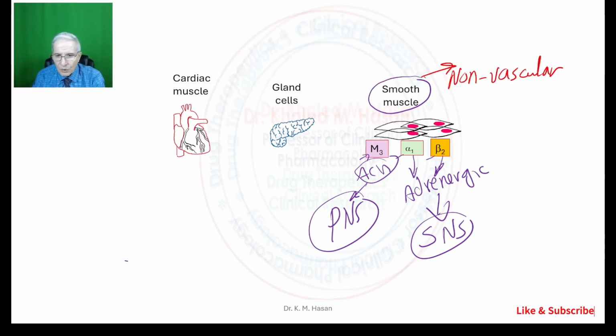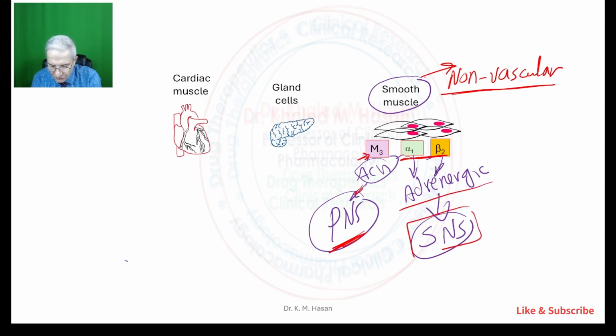So when we speak about smooth muscles, we talk about non-vascular smooth muscles. We have three types of receptor: the M3 receptor, the muscarinic receptor, which belongs to the acetylcholine cholinergic system, and then the alpha 1 and beta 2 receptors, which belong to the adrenergic sympathetic nervous system.